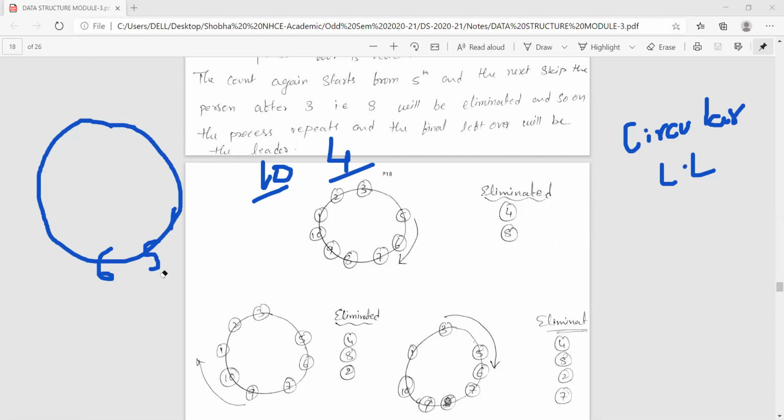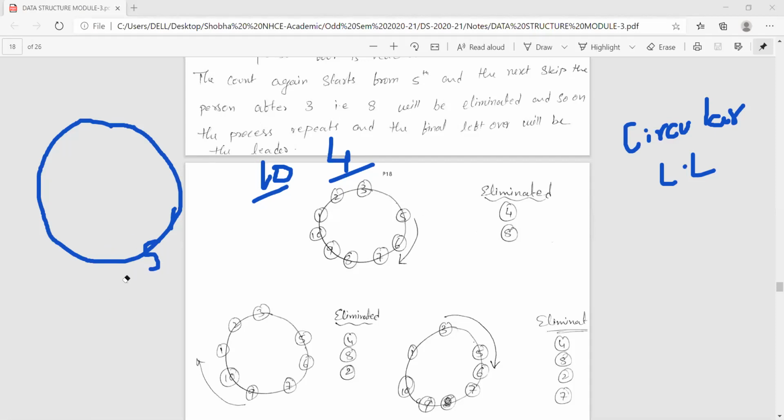Please observe, when the circular linked list has only 2 nodes, 5's next is 6 and 6's next is 5, as both are connected in a circular linked list. So when it starts from 5, first, second, third person, fourth person. Now 6 will be removed.